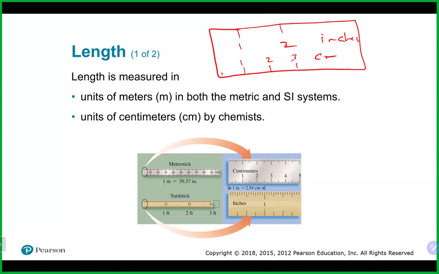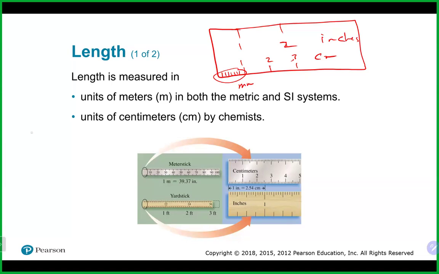Then we have little dashes. Those little dashes are millimeters. There are 10 millimeters in a centimeter. So if we look at a ruler, up on top are inches, on the bottom typically are centimeters, and the little dashes on the bottom where the centimeters are are millimeters. Those are three very common units.